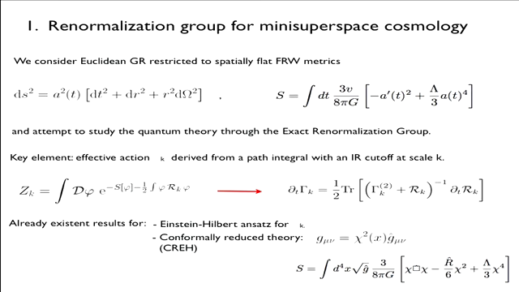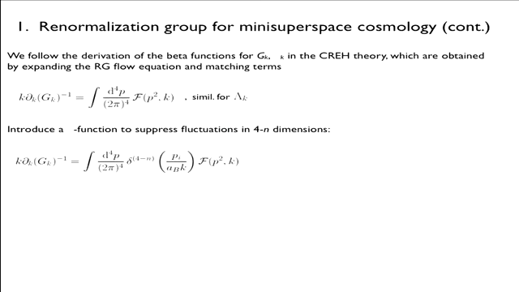Formally, at a very schematic level, the beta function of the gravitational constant is some integral in momentum space of some function of p squared and k, and similar for lambda k. And what we do is simply introduce a delta function that will kill all the fluctuations in as many dimensions as we want. In particular, in the case n equal 1, we are killing fluctuations in three dimensions and leaving only one of them. So this is the case we're interested in.